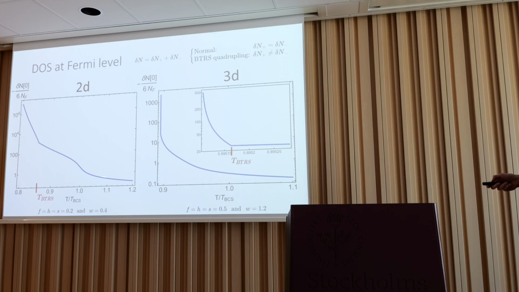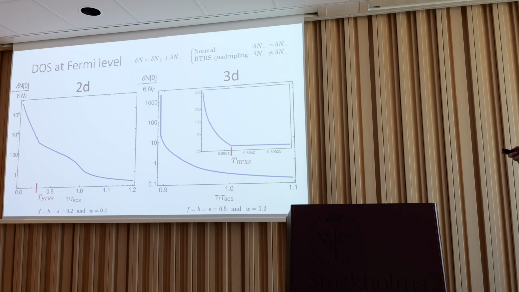First you see that this change increases again due to performed Cooper pairs, and then there is a kink, a change in derivative, at T_BTRS, and similarly in 3D. So yeah, this could be something that might be observable.